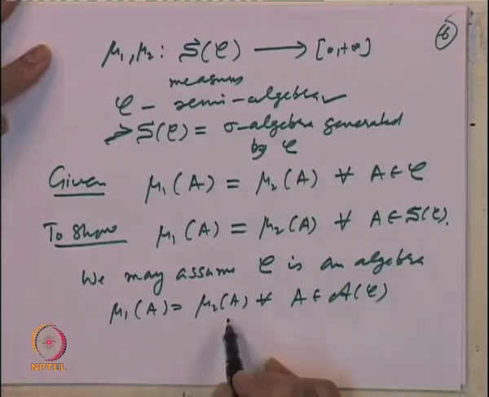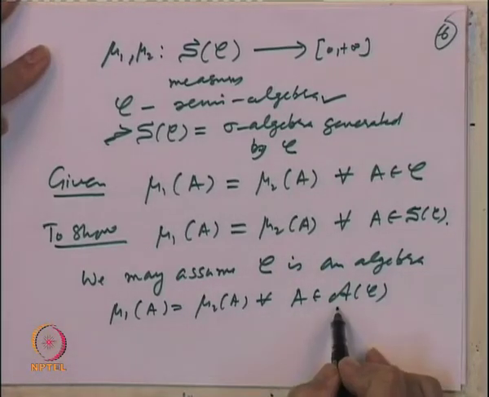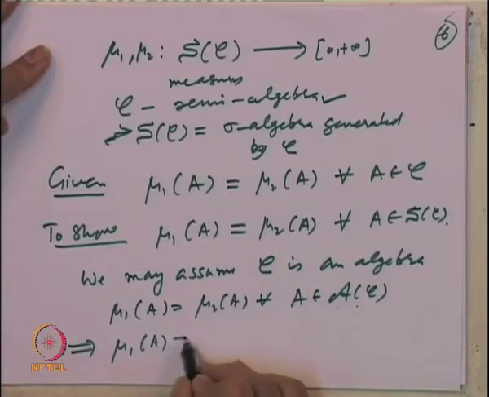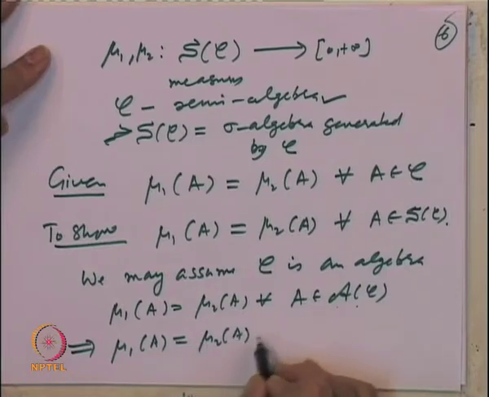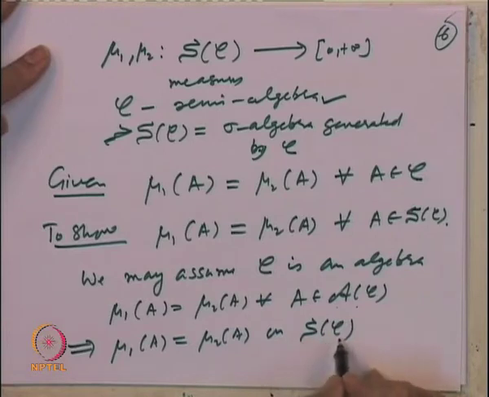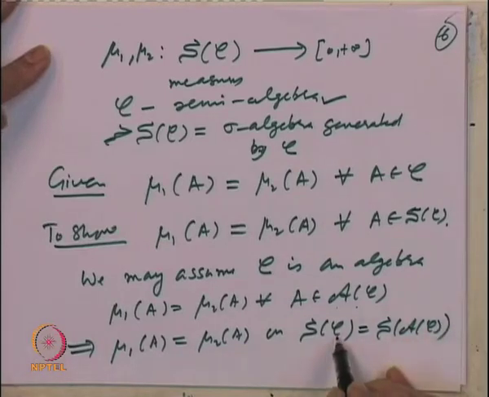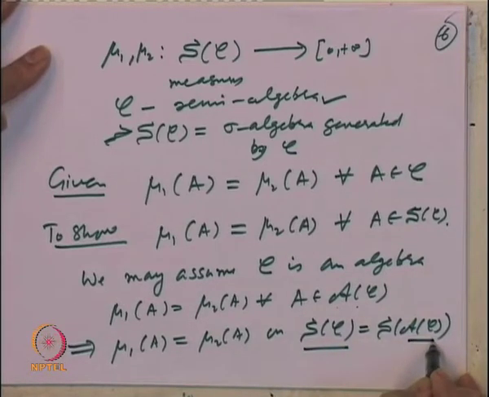So, we already have that mu 1 and mu 2 agree on the algebra generated by C, and we want to show that this implies mu 1 of A is equal to mu 2 of A on S of C, the sigma algebra generated by C. But note, this is the same as the sigma algebra generated by A of C. We have also shown that given a semi algebra, you can directly generate the sigma algebra, or you can generate the algebra first and then generate the sigma algebra.